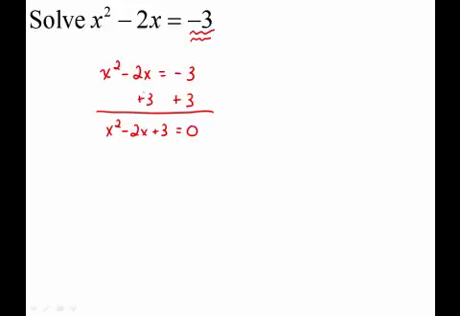And if you're wondering why I'm not putting those two together, they're not like terms, so I can't make that 1x. Now this one is not factorable either. As I look at it, I can't see how it would be factorable. So we'll go to the quadratic equation.